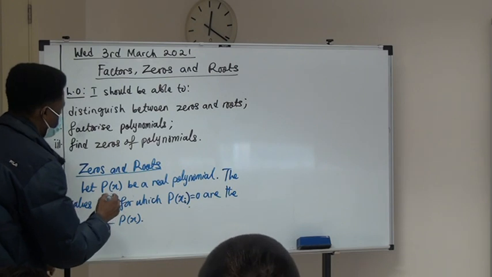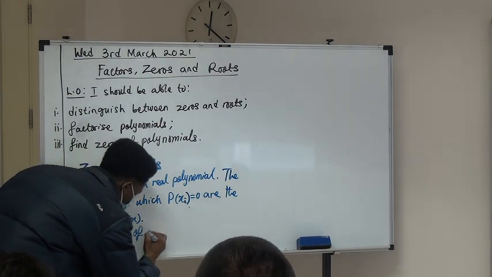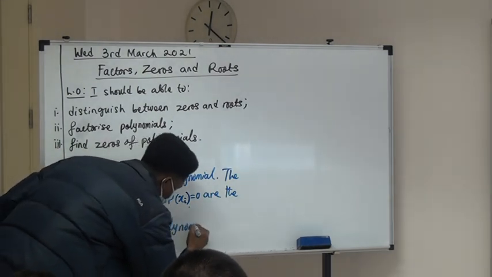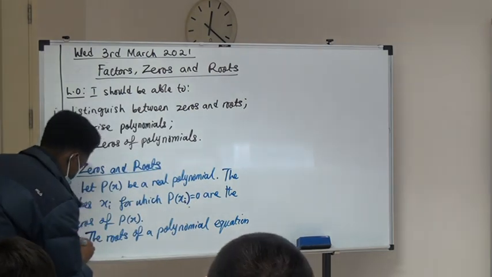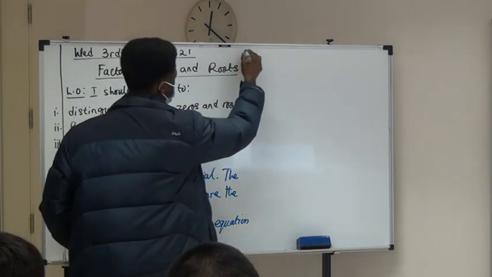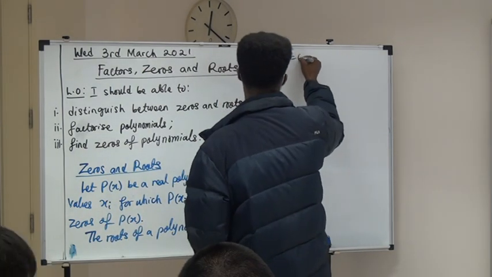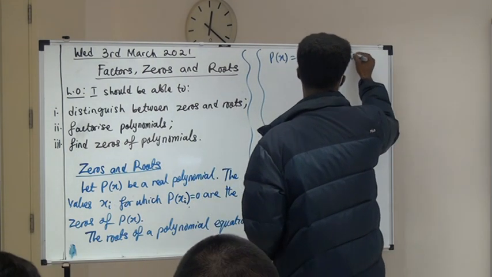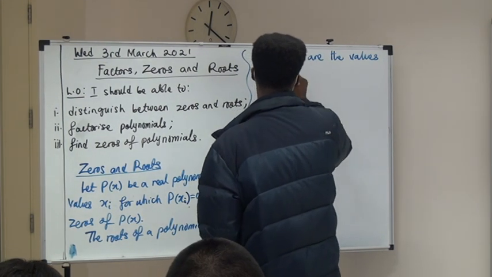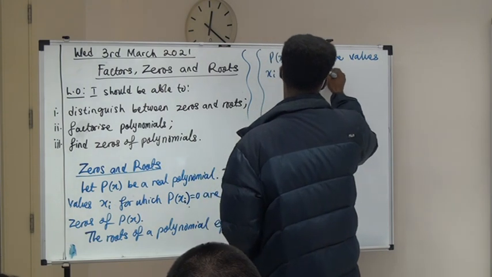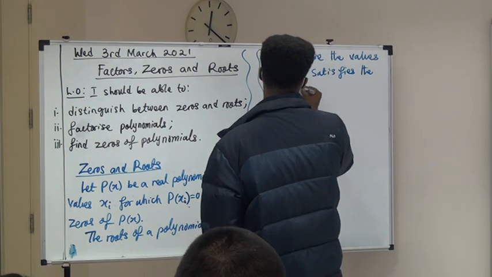The roots of a polynomial equation, see, I use the word equation here, the polynomial equation P of x is equal to 0, are the values xi which satisfy the equation.